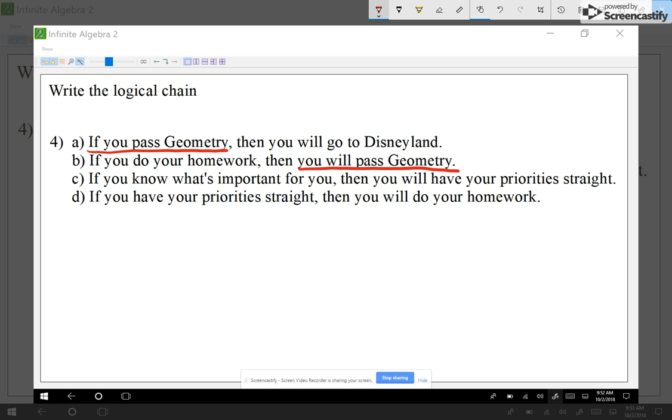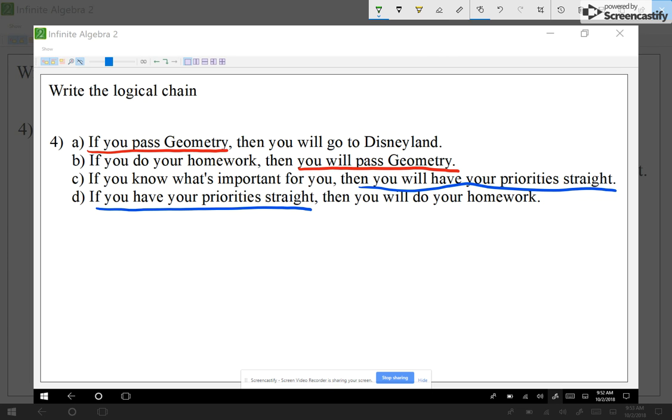If I take a look even more, I look at example C, it finishes with you will have your priorities straight. I'm looking at the ending of C, and I notice that that's the beginning of D. So I'm going to say C comes right before D because the way one statement ends is how the next one is going to start.